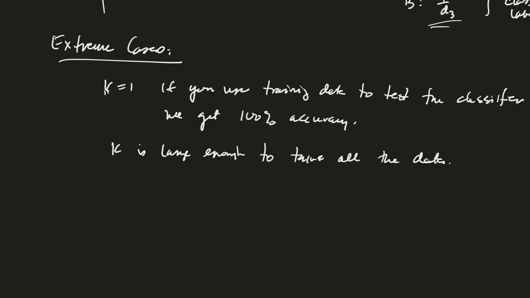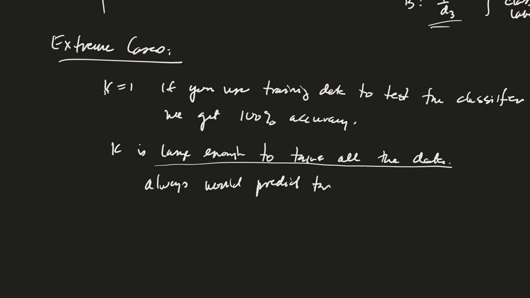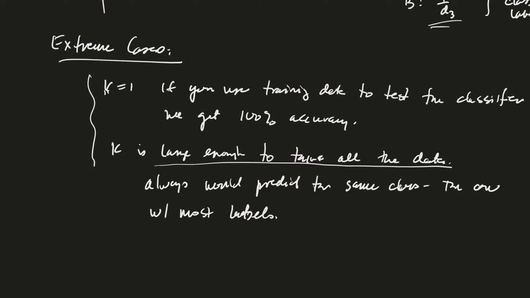So notice that in this case, if we're not using a weighted average, if we were just doing majority rule, this would always predict the same class. That's the one that has the most labels. And so you wouldn't want to use these extreme cases typically unless you had a really good reason to.